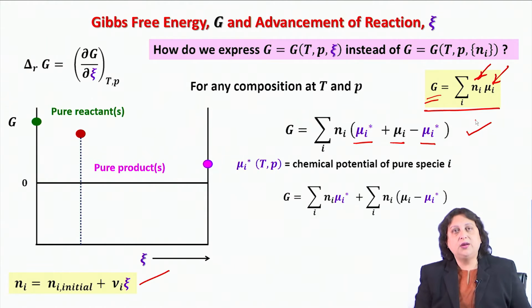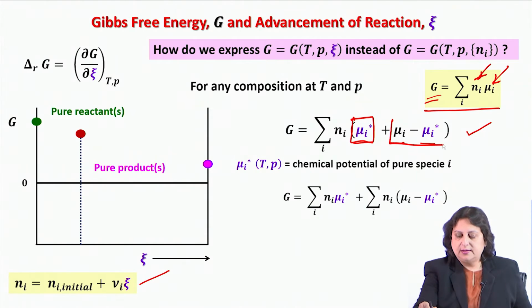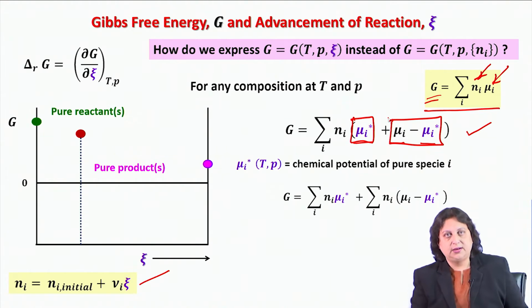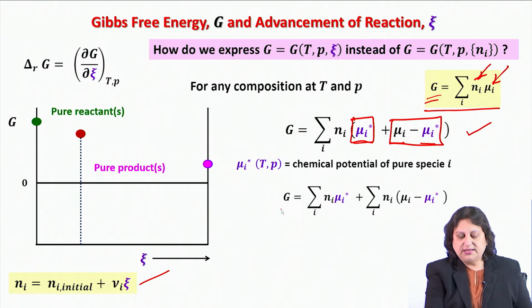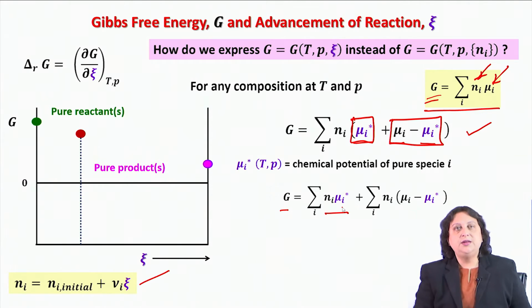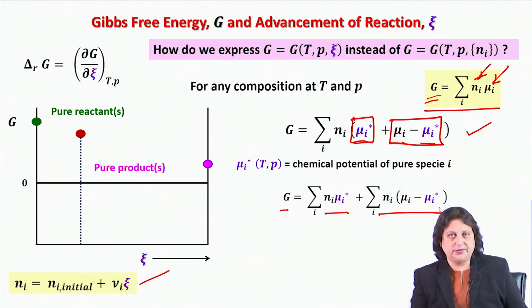And therefore, I can always write down this equation by taking out this portion and this portion separately. So what would be my resultant expression? Now, I will have G equal to the part dependent on the chemical potential of the pure species under the given condition of temperature and pressure, plus another quantity that depends on mu I and also depends on mu I star.